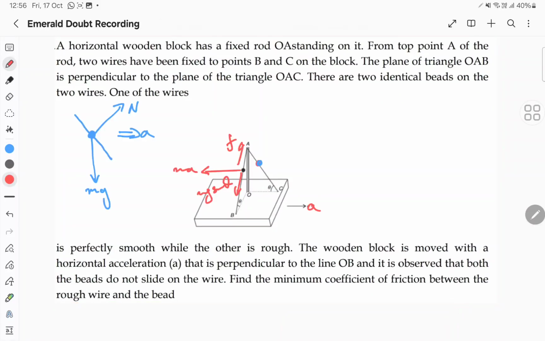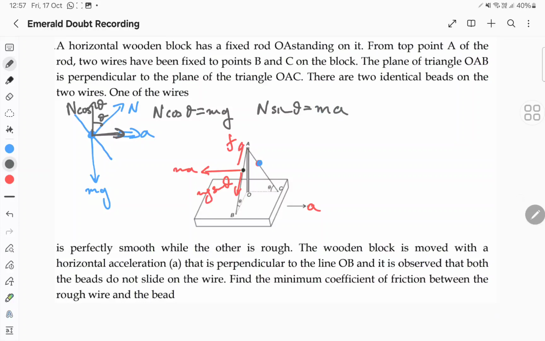So the normal component of N, which is N cos theta, because the normal makes angle theta with the vertical, balances mg. So N cos theta is equal to mg is one equation, and the forward component of N is providing the forward acceleration, so N sin theta is equal to ma is the other equation.